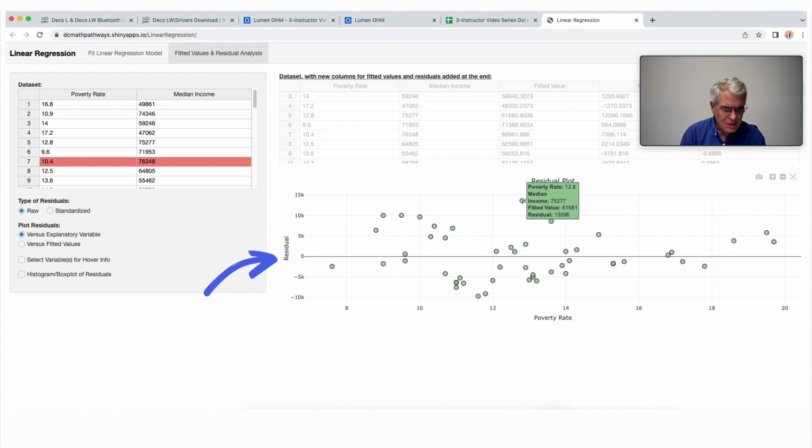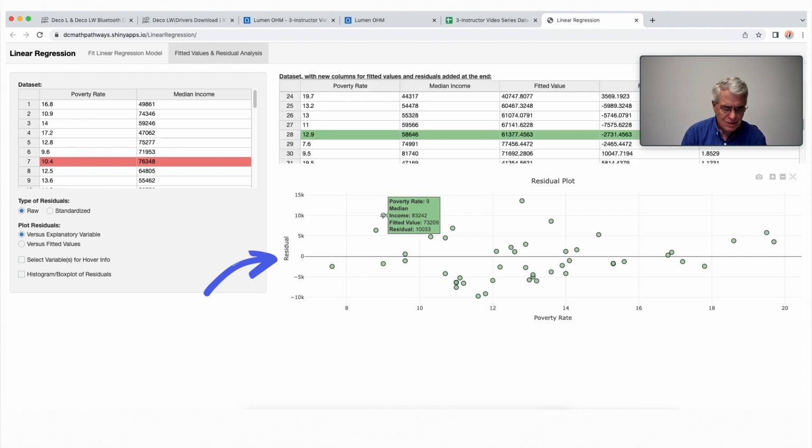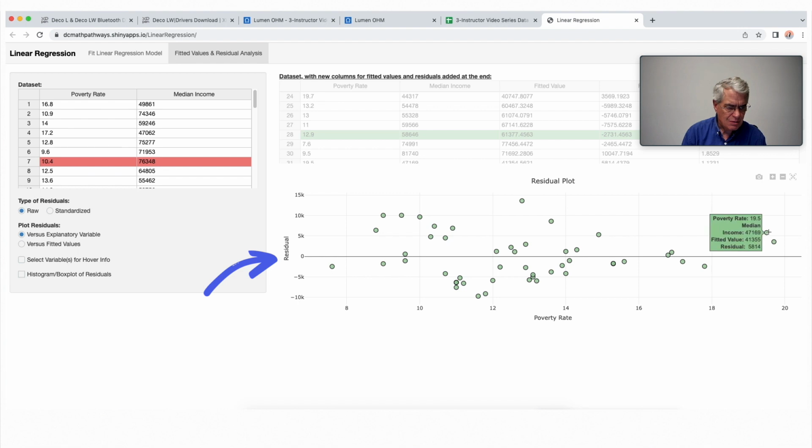Is there anything that has a bigger residual than this coordinate here? 13,596, 9,000, 10,000, 10,000, 5,800, 9,000. This is our biggest residual. This is the one we missed by the most.